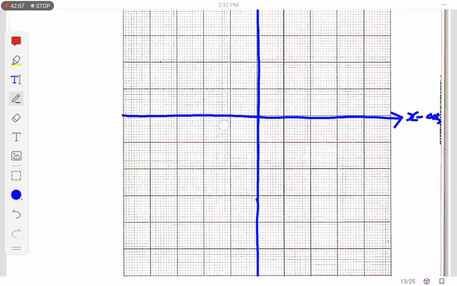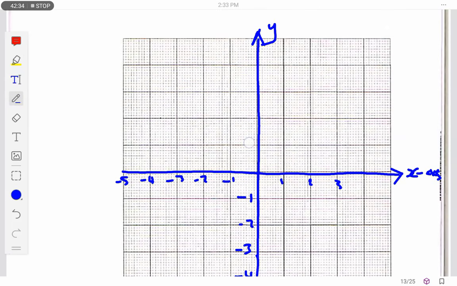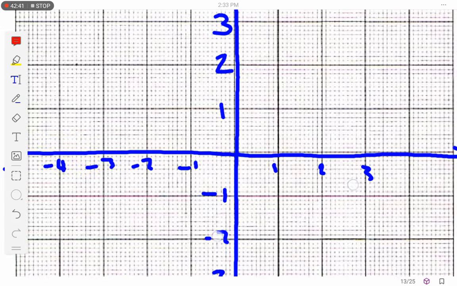So we are saying minus 1, minus 2, minus 3, minus 4, minus 5. Then here 1, 2, 3. Then for y, I'm going to minus 1, minus 2, minus 3, minus 4. Hopefully it will fit here. Minus 5, minus 6, minus 7, minus 8. Exactly. Then up there I have 1, 2, up to 3. Okay, now let's draw the graph.